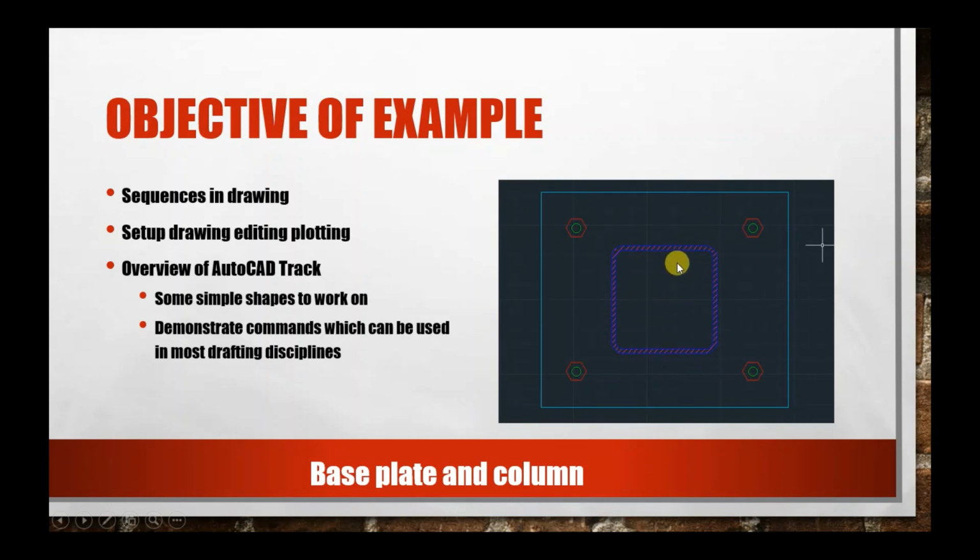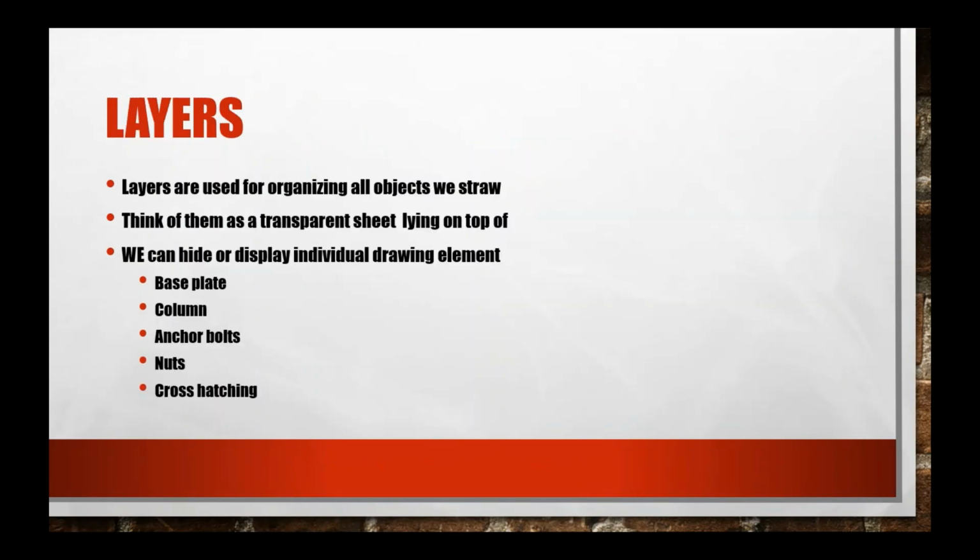Next time, first of all I'll introduce you to the concept of layers. Why we will use layers, you will come to know by the end of the example. But right now, what are layers? Layers are used to organize all the objects we draw. Think of them as transparent sheets lying one after another.